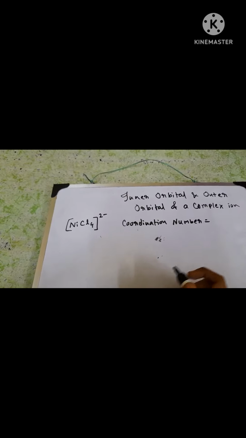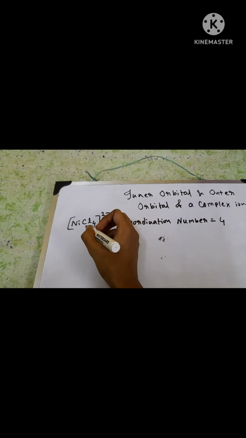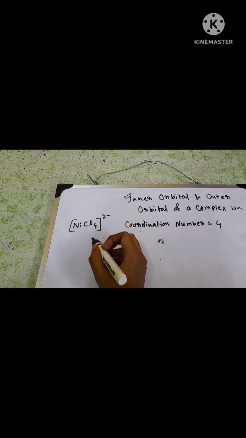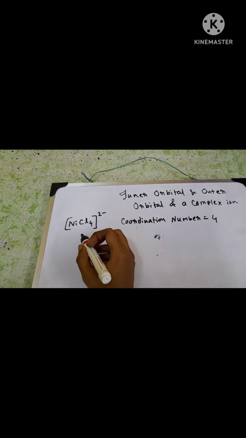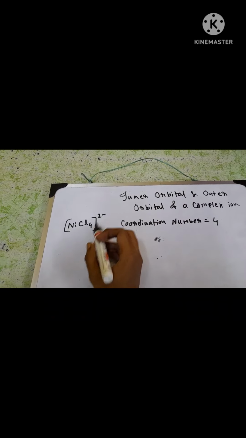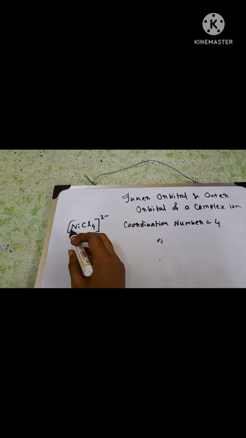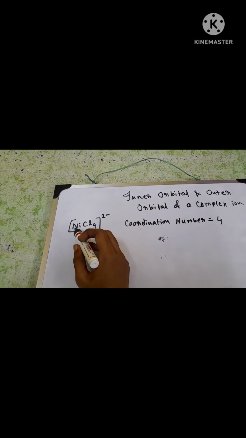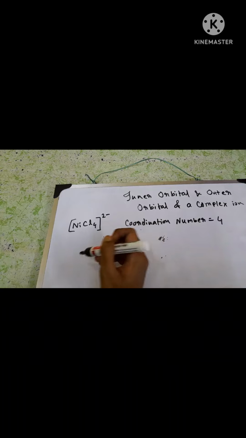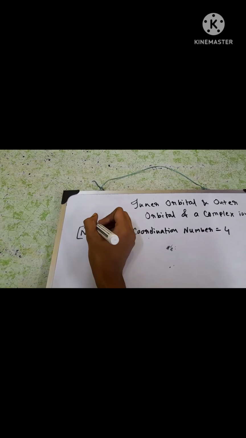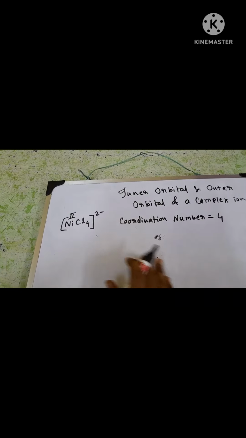The coordination number here is 4, because 4 chlorine atoms are joined with the central metal ion nickel through coordinate bond formation. You can also determine the oxidation number of the central metal ion by assuming x minus 4 equals minus 2, so x is 2, that is, nickel 2 plus.